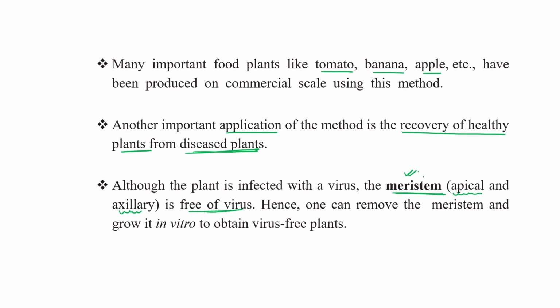We can remove the meristem from that particular infected plant and grow it in vitro, means artificial media, and this is how we can generate virus free plant from that diseased plant. So this is another important application of tissue culture.